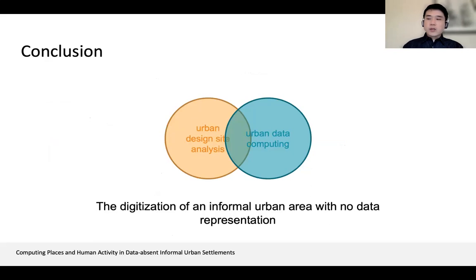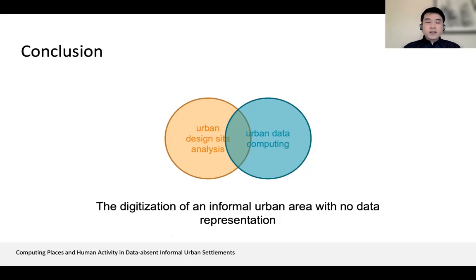In conclusion, in this research project, we mainly explored digitizing an informal urban area with zero data representation. Based on the site survey in Beijing, we tested a hybrid approach using both urban design methods and data computing. The comparison between humanistic and computational approaches reveals unique aspects of human cognition on the site.